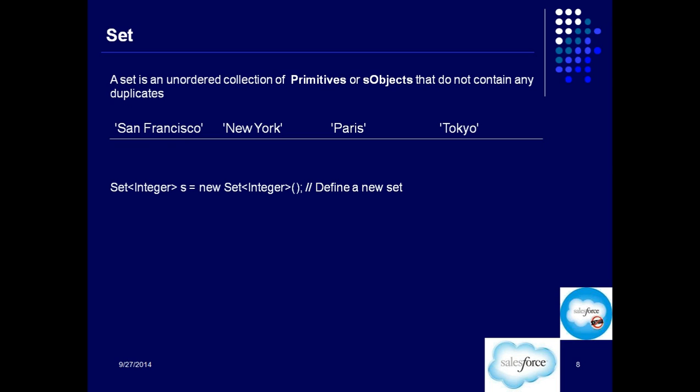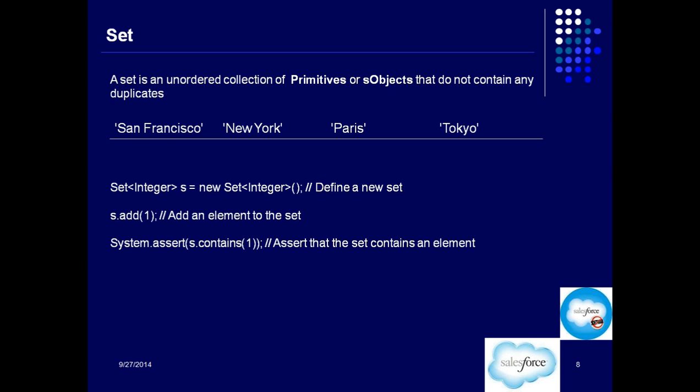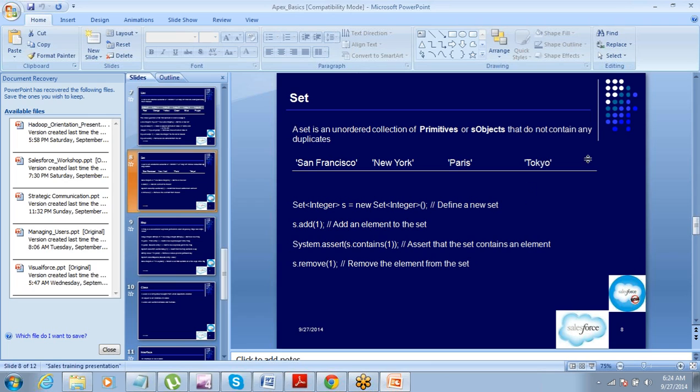Set of integer s is equal to new set of integer. This defines a new set. In the same way, s.add(1) adds an element to the set. Another thing is required, which is System.assert, to check whether the set contains a particular value or not, and there is also a method to remove a value from the set.